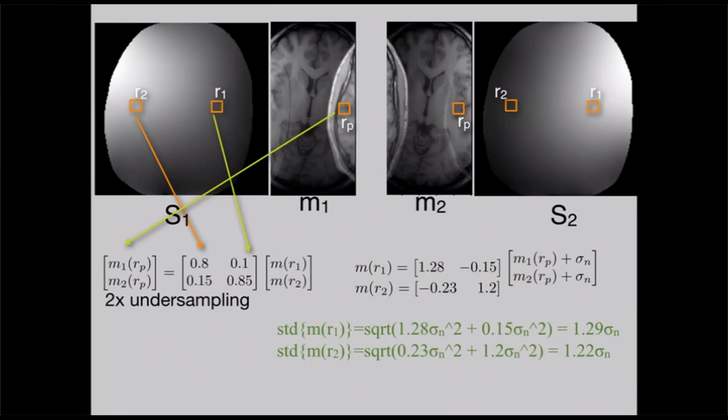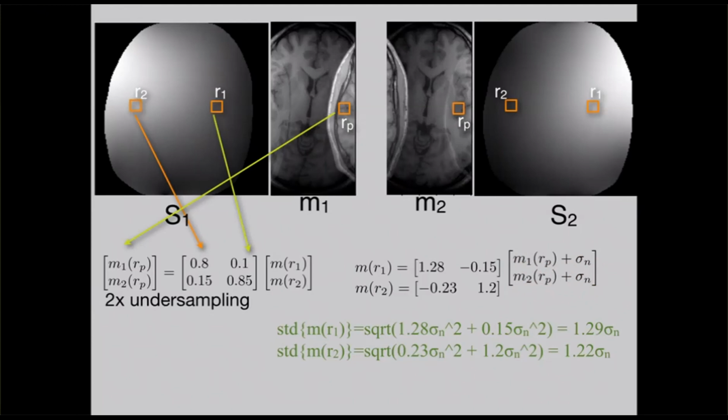Okay. Now, the thing is that measurement that I have, M1 at RP, it's noisy. And that measurement at M2 at RP is also noisy. And let's assume that those are independent, right? We said that they're not, but let's say this is a pre-whitened result, like it's independent. Okay. So this has noise with some sigma sub n. Okay, some sigma.